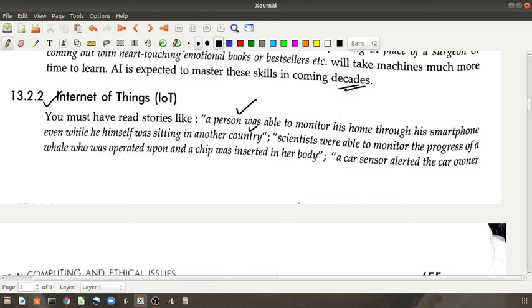That is the purpose. It comes to his smartphone, and the person sees what is happening. If I want to turn off the refrigerator for today, I will just switch it off, and that message goes from the smartphone through the internet to the device attached to the refrigerator and turns it off.